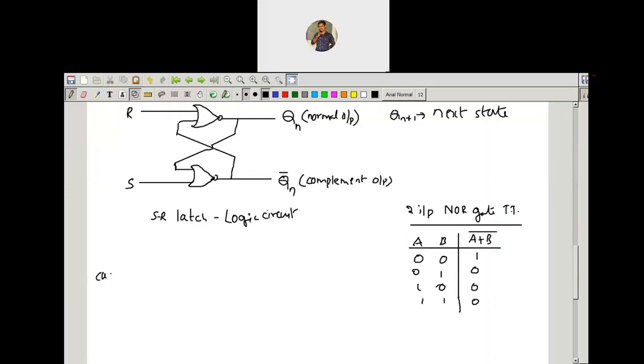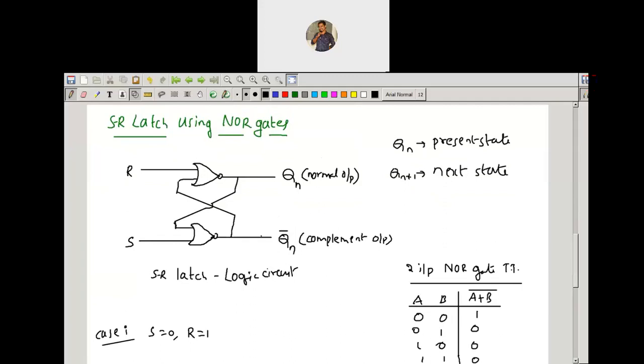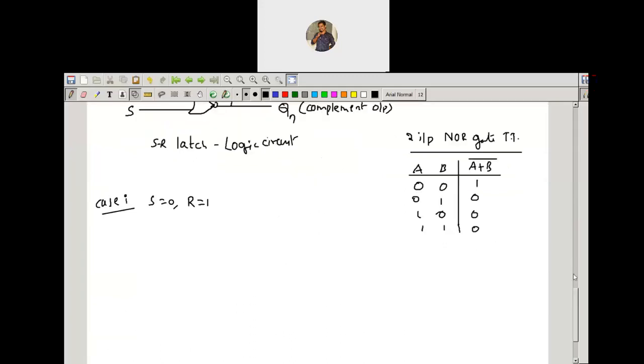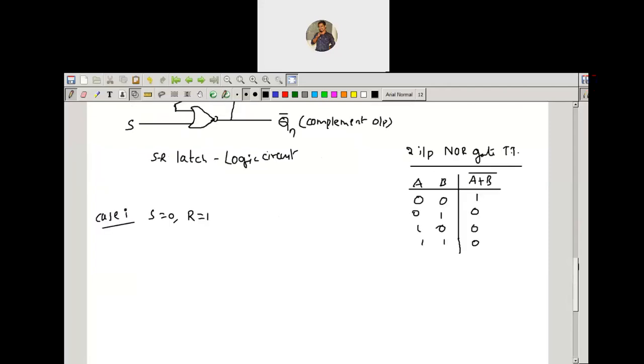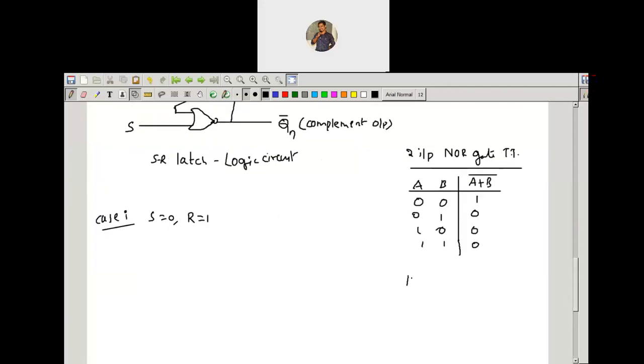In case 1, let me take S equal 0, R equal 1. Before that, please observe that R stands for reset.